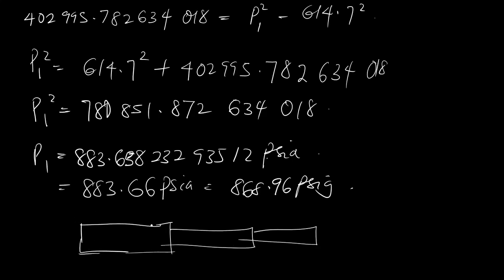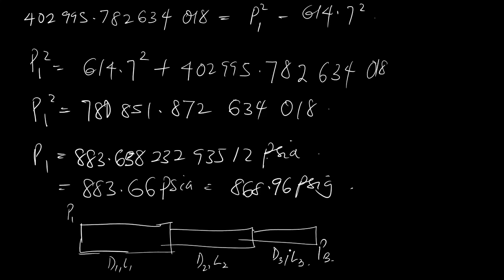Here PB is given and here we're looking for A. We know D3 and L3, D2 and L2, D1 and L1, so we can calculate this. This is an assignment for the viewers.